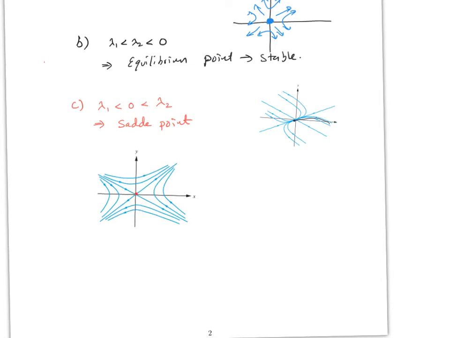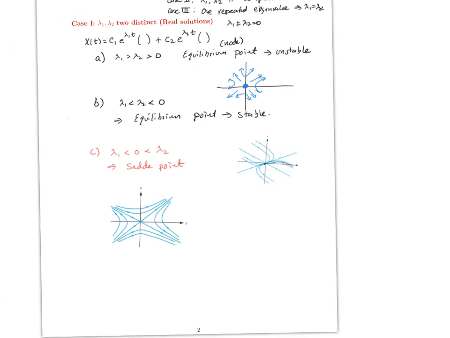So this will be a saddle point. So to recap, if you have two real eigenvalues, these are the three things that could happen to the equilibrium point. There is actually one more part, but these are the only three things you should need to worry about for the exam.